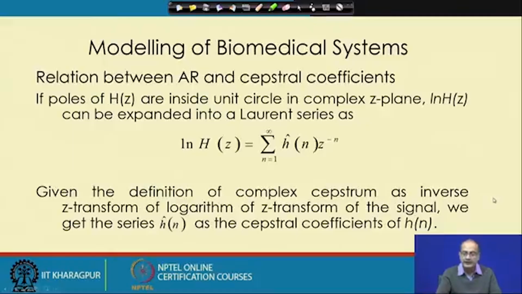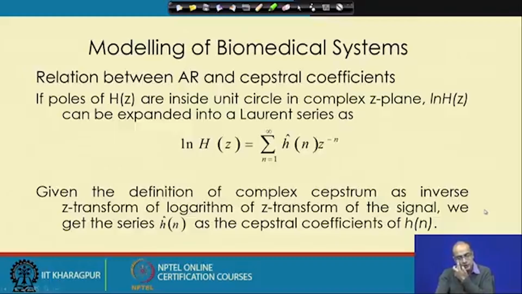Now, using the definition of the complex cepstrum as the inverse Z transform of the log of the Z transform of the signal, we need to take the inverse Z transform of the log of H(z). So, we get the series h hat n as the cepstral coefficients of the signal h n.